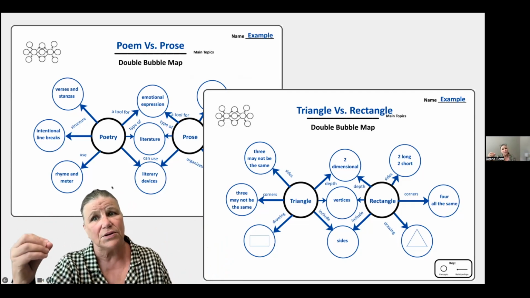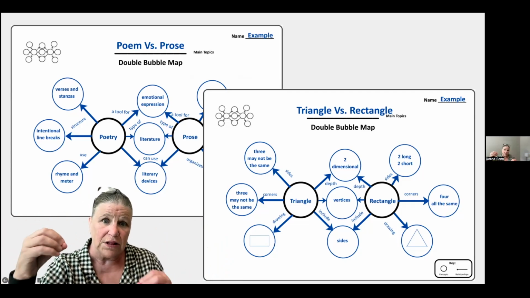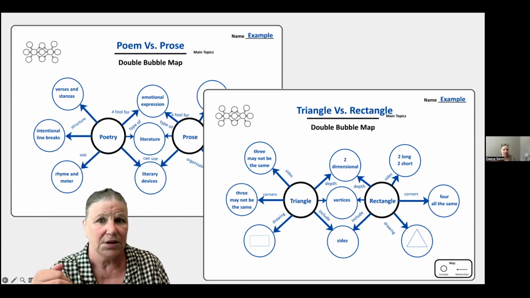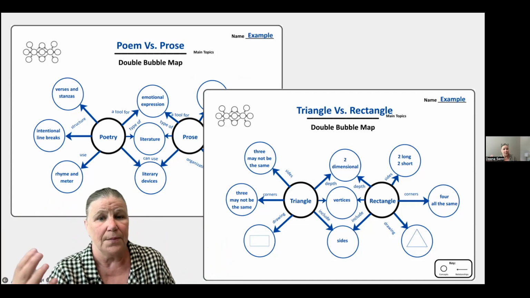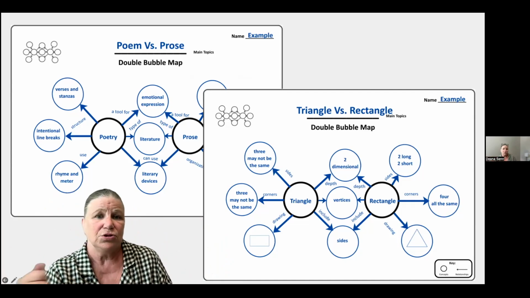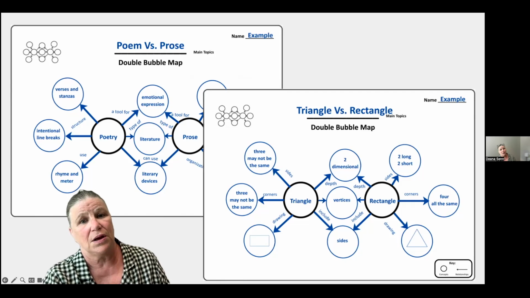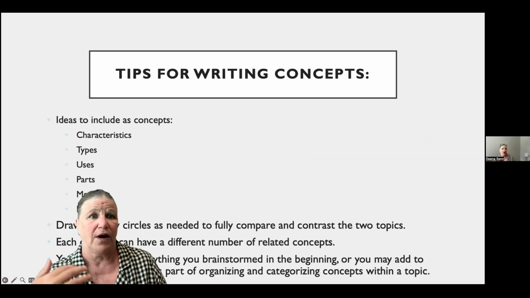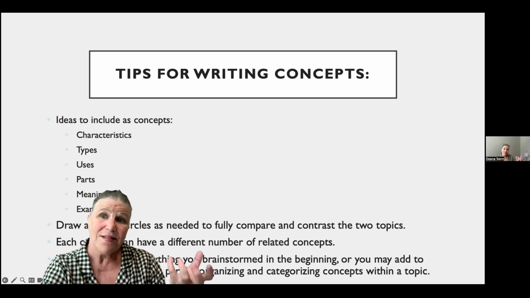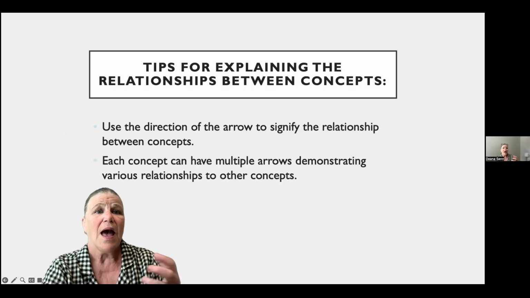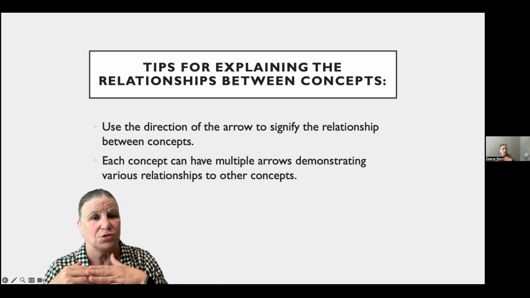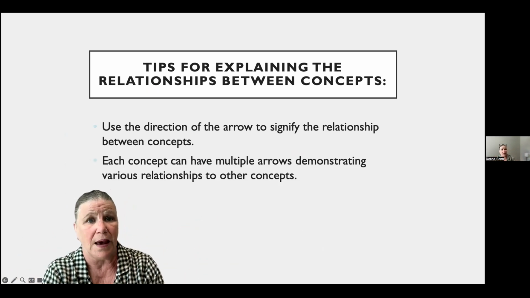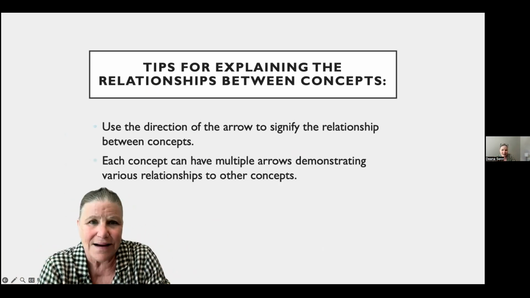But instead, I want them to understand that there's the relationship between the fact that rectangles have 2 long and 2 short sides. The same thing, right? If we're talking about making a drawing, we don't just have them draw it, we make sure they understand what they're doing. So some tips for students to write concepts, right? Giving them what they could put in those circles, and also tips to explaining those arrows, right?